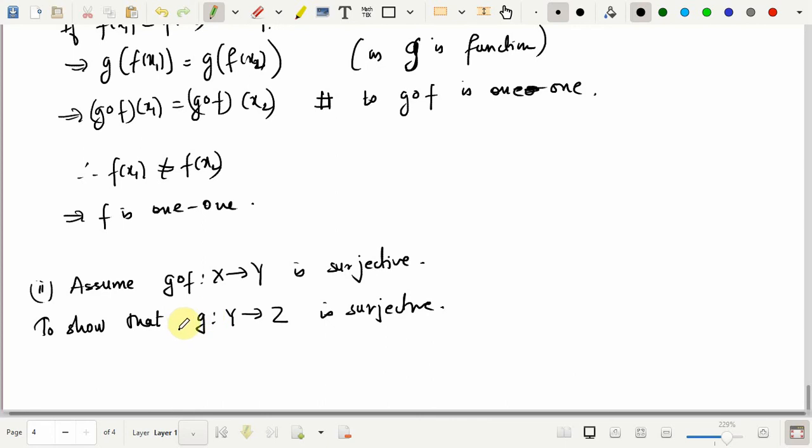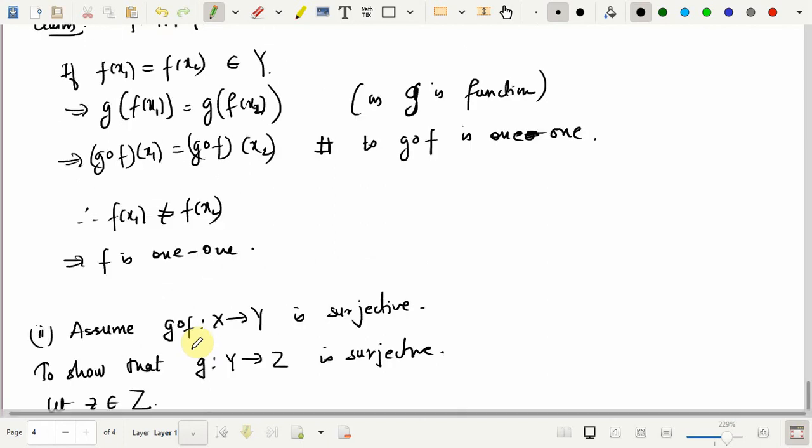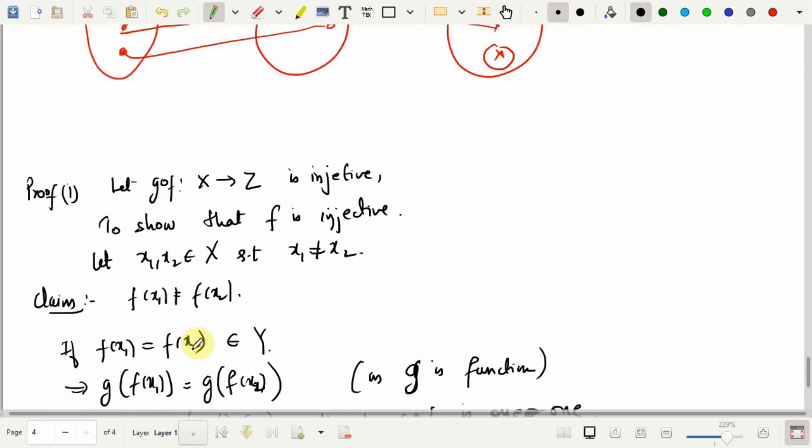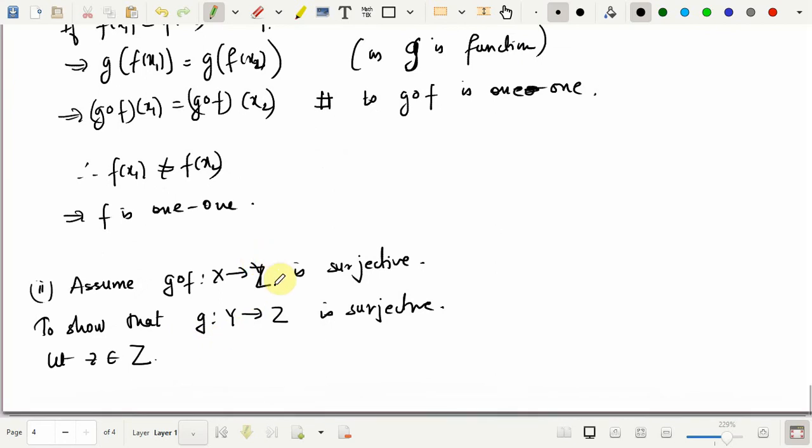So let z be a point in Z. I should be able to produce a point in Y such that G of that point is equal to z. G composite F is a function from X to Z, not from Y. So I'll use the fact that G composite F is surjective here.